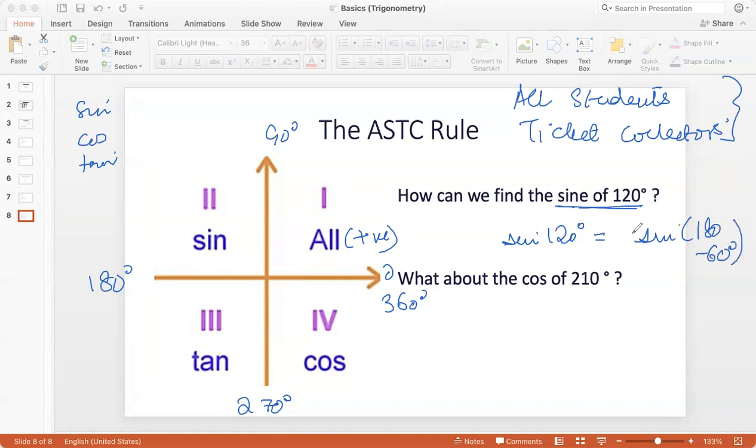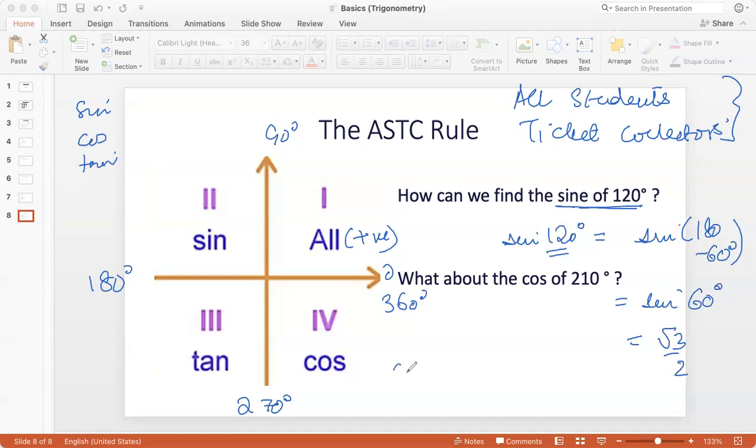What about the sign here? The sign here would be positive because in the second quadrant, which is where 120 lies, sine is positive. So that would simply be sine of 60 degrees, which is root 3 by 2. So the sine of 120 is root 3 by 2.